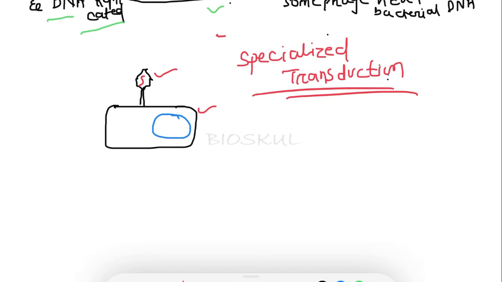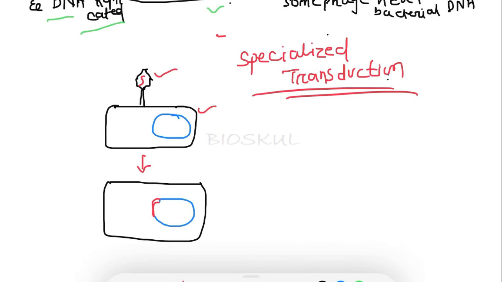When the bacteriophage infects the bacteria, what will happen in the next step? The phage DNA integrates into the bacterial chromosome. But in generalized transduction, it is not integrated into the bacterial chromosome. Here it will first be integrated into the bacterial chromosome.